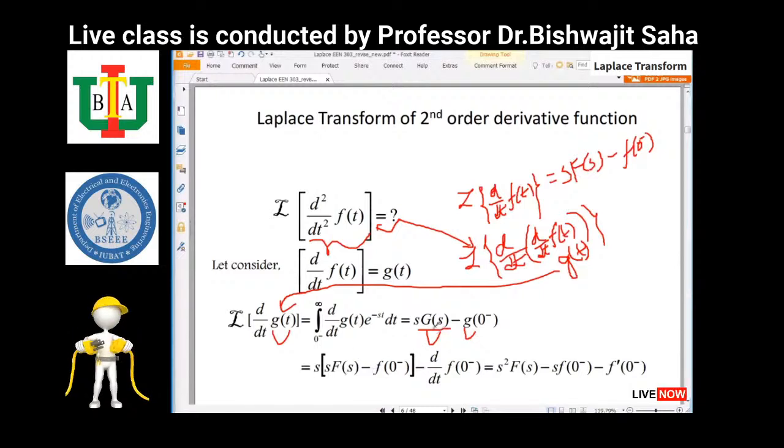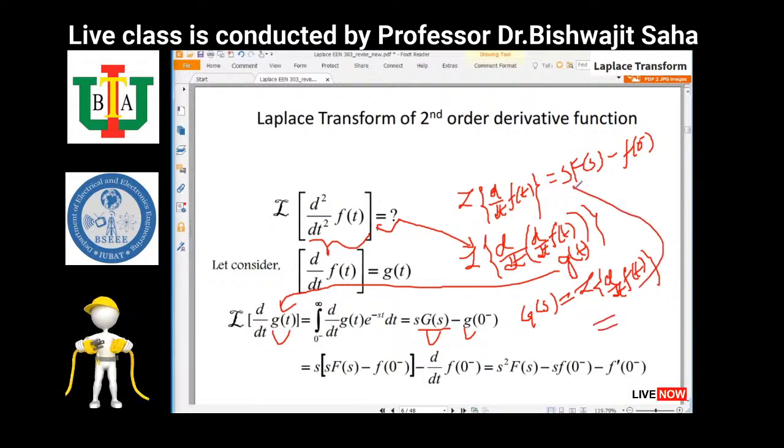Now we are again replacing. What is G of s? G of s is the Laplace of the first derivative function, d by dt f of t. This equals what?